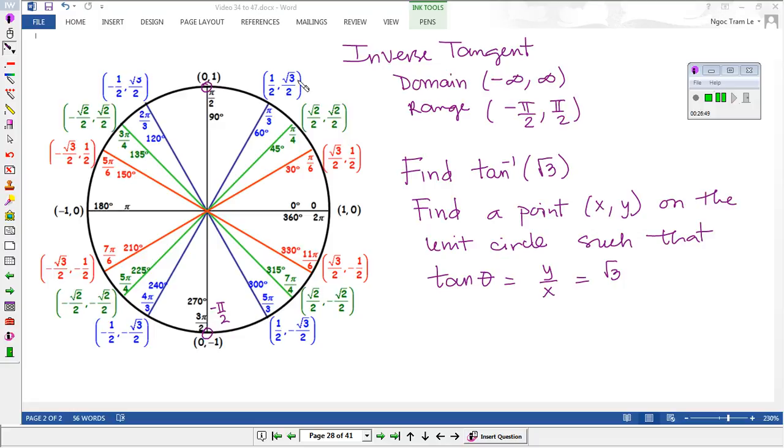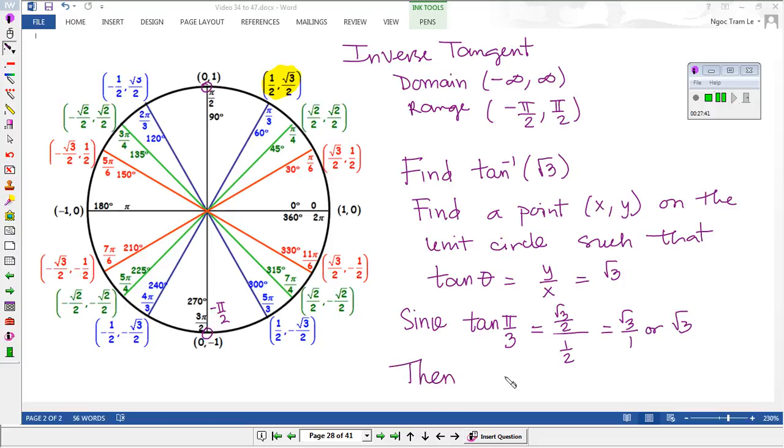We can see right here the point where y is square root of 3 over 2 divided by 1/2. So tangent of pi over 3 equals y over x, which is square root of 3 over 2 over 1/2.